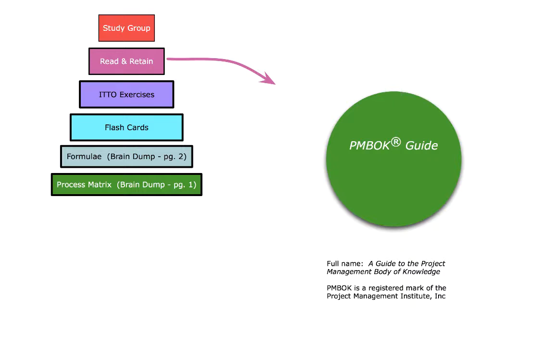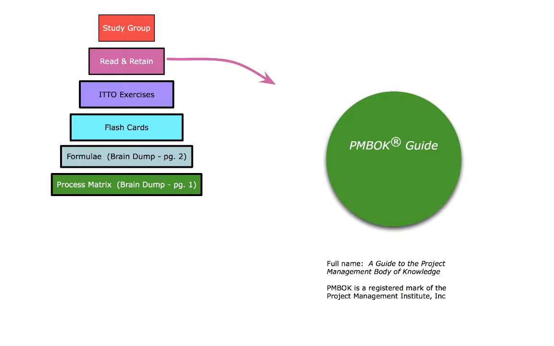And so by studying these other layers with these very specific strategies, you can go into the PMBOK guide and read it selectively later in your study cycle, when you're, say, just about a month or so away from your exam date. You can read the PMBOK guide carefully, but selectively.